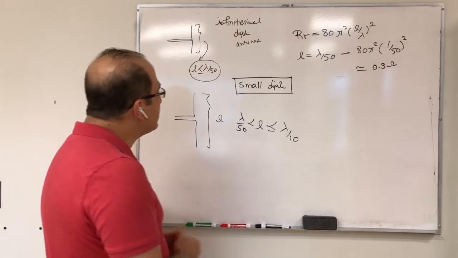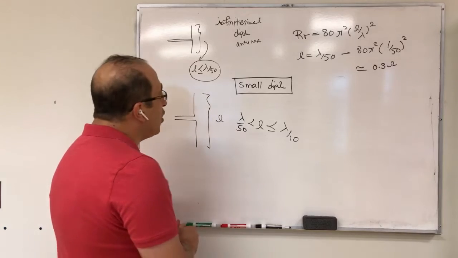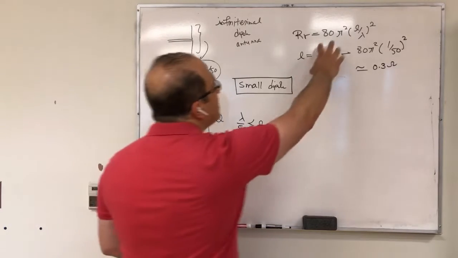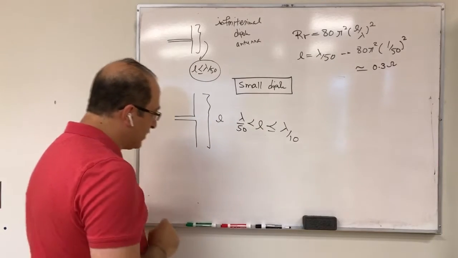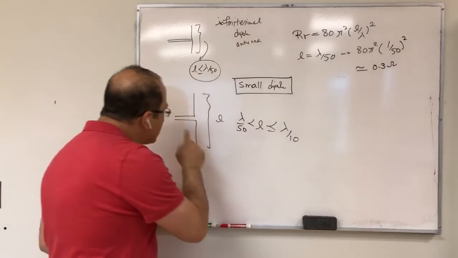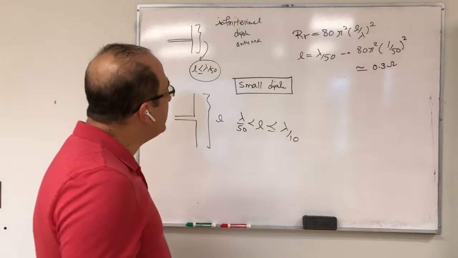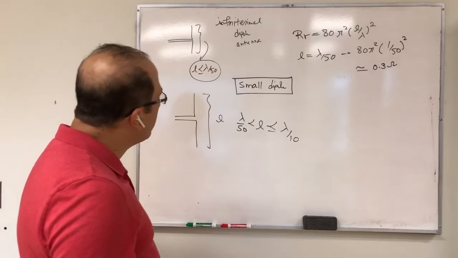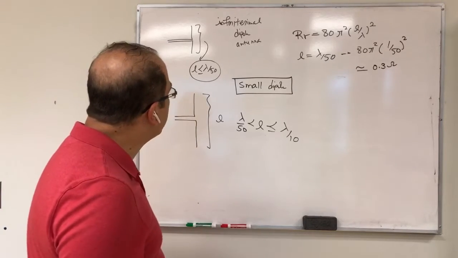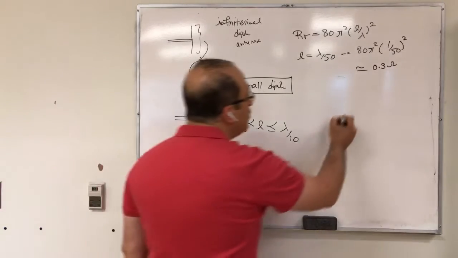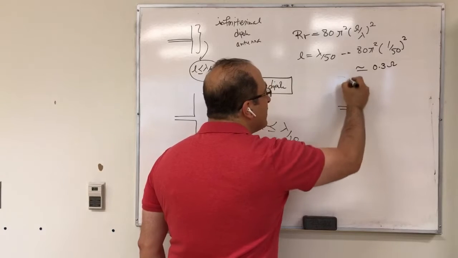So let's check that. Keep this in mind, I'm going to come back to that, and then let's focus on this. Now, if I want to start this, you could ask, what kind of current distribution are you assuming on this small dipole antenna? Are you going to assume a uniform current, the same thing that we had?